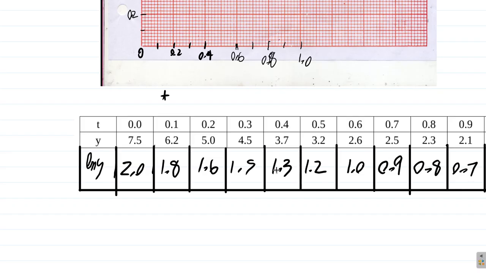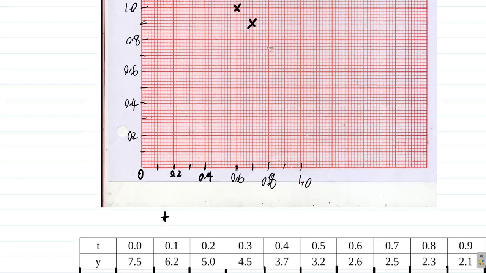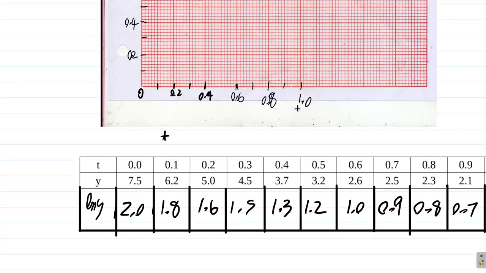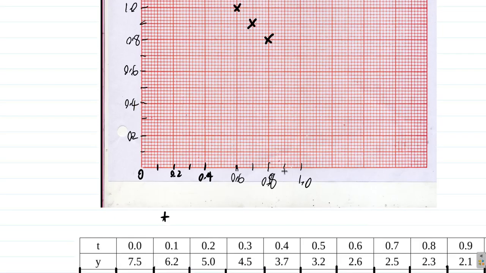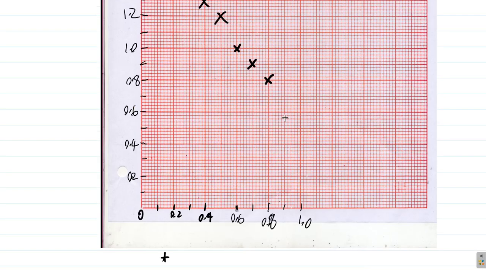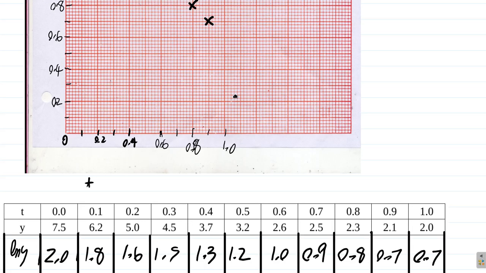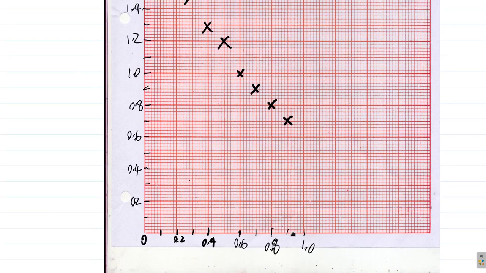0.8, 0.8. 0.9, 0.7, so I have 0.9, 0.7. 1.0, 0.7 as well.